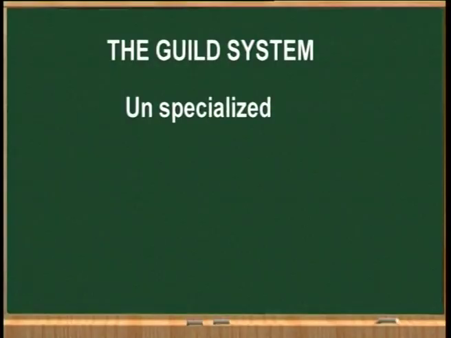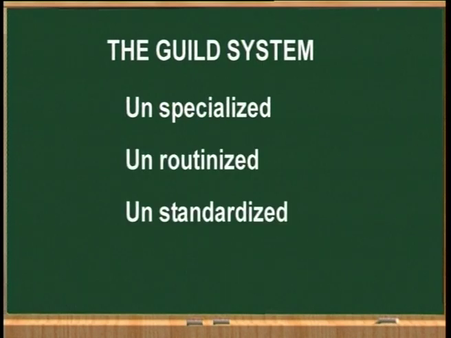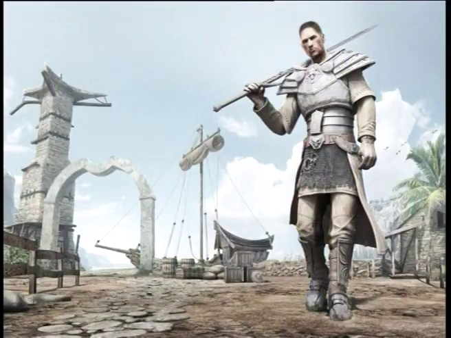As a result of these two factors, labor in the guild was relatively unspecialized, unroutinized, unstandardized and unmechanized. The social relations at work in the guilds were not based directly on the productive process so much as they were based on the structure and values of the guild organization.